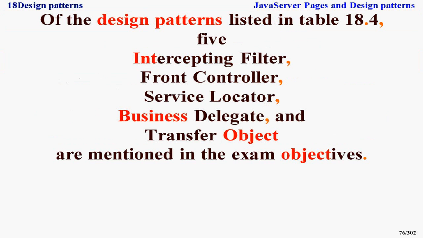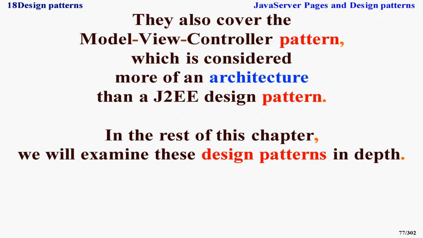Of the design patterns listed in Table 18.5, Intercepting Filter, Front Controller, Service Locator, Business Delegate, and Transfer Object are mentioned in the exam objectives. They also cover the Model View Controller pattern, which is considered more of an architecture than a J2EE design pattern.